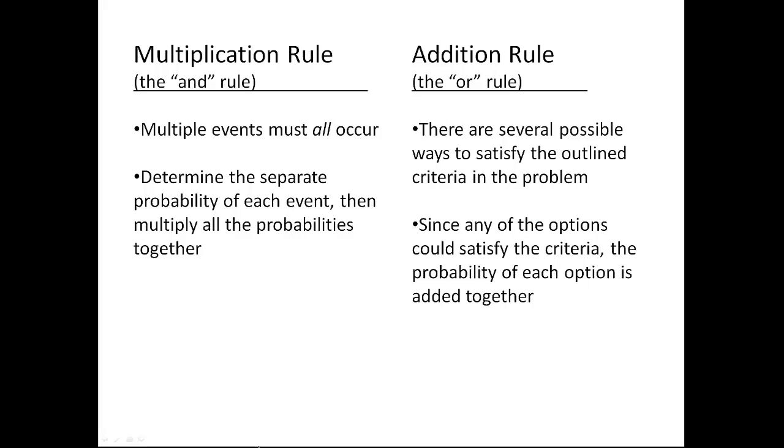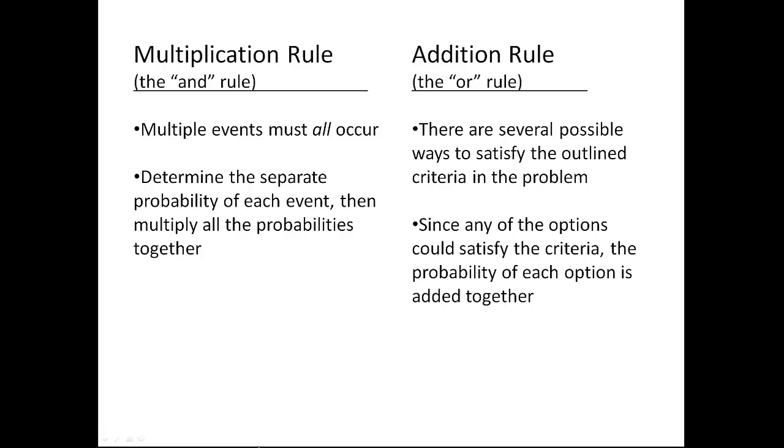So to summarize these two probability rules, the multiplication rule is used when you need both events to happen. So these multiple events with their own individual probabilities must all occur. And so we often call this the AND rule because event A and event B must occur, and that is when you multiply.